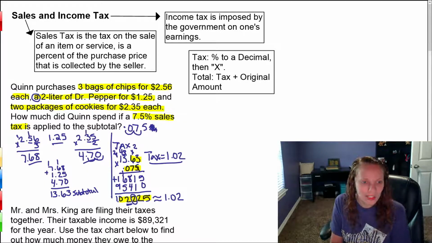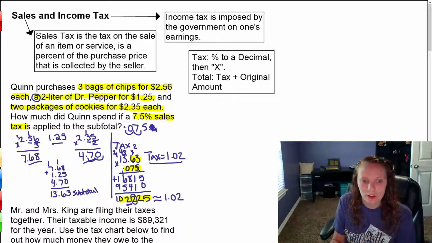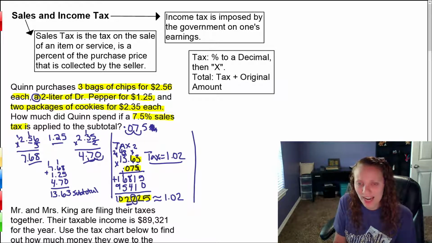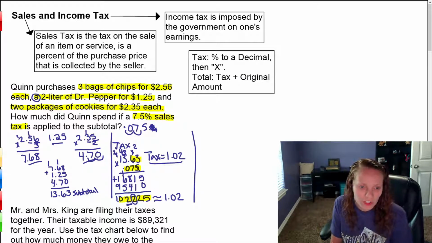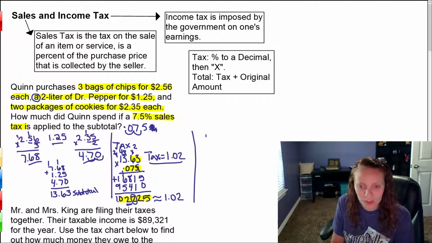However, the problem is asking, how much did Quinn spend in all? To find the total, take the tax that we just got and add it with the original amount. So our original, or the subtotal, was $13.63.